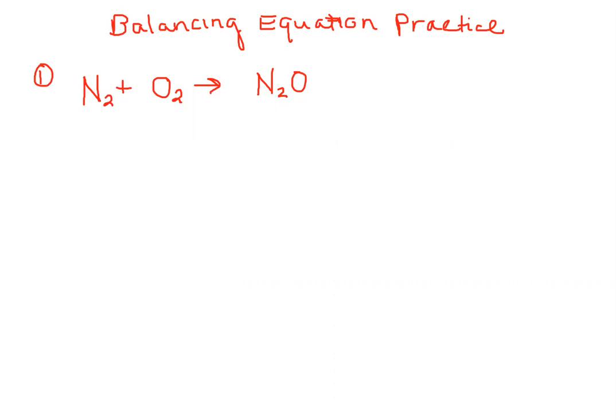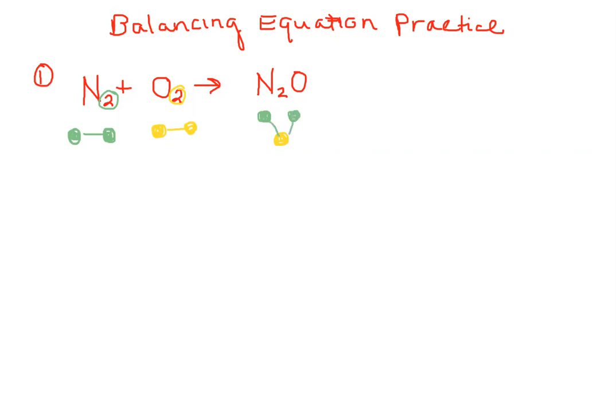This 2 right here tells us that we've got 2 nitrogen atoms. And this 2 right here tells us that we've got 2 oxygen atoms. But over on the other side of the equation, we only have 1 oxygen and 2 nitrogen.